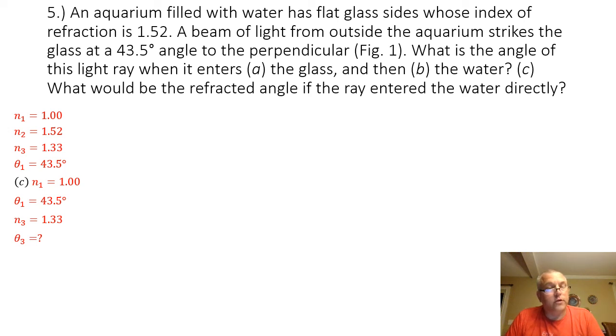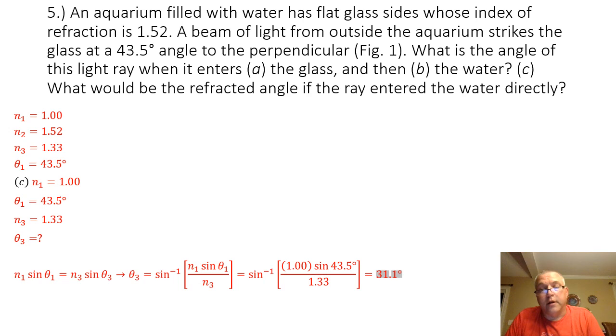I'm still going to use Snell's law. I'm going to use the version of Snell's law that compares substance 1 and substance 3, so I'm going to use those subscripts. And I want to solve for theta 3. So theta 3 is going to equal the inverse sine of n1 sine theta 1 divided by n3.